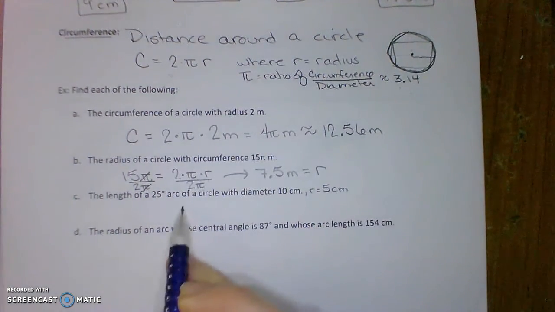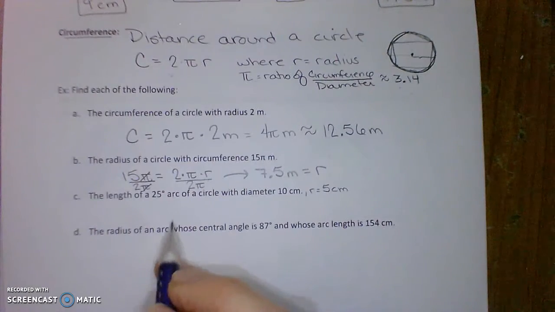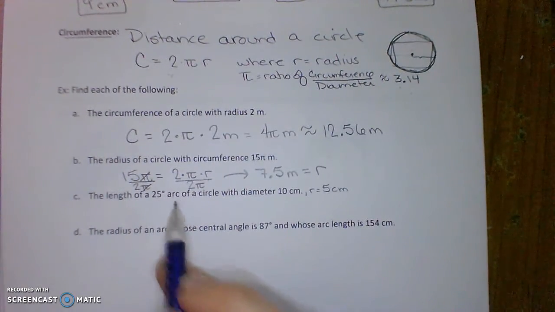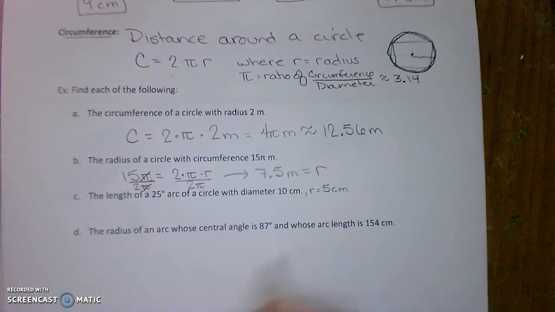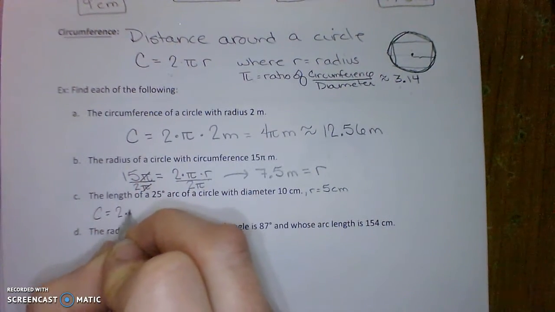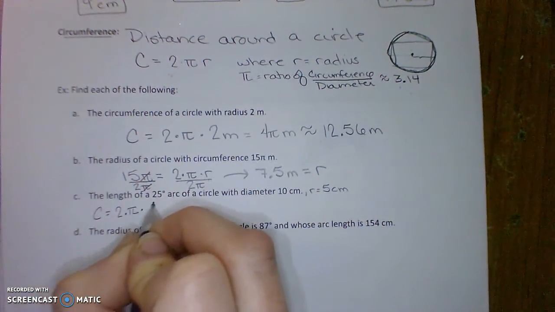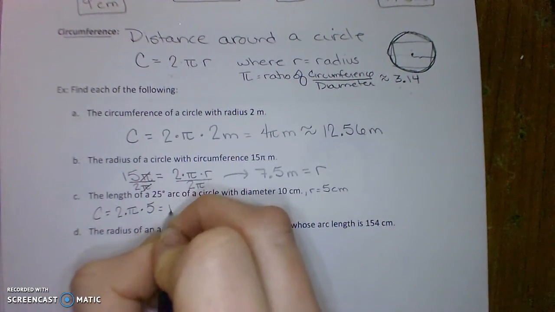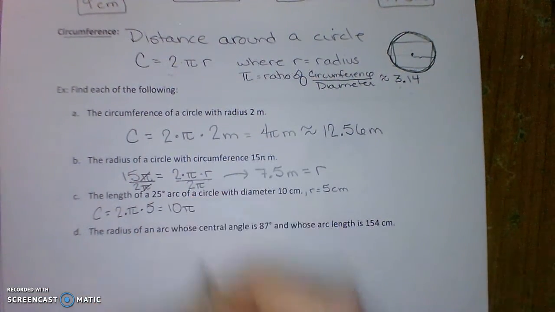First, I'm going to find the circumference of the circle, and then I'll think about the arc as being some fraction of the circumference. So the circumference will be 2 times pi times r, which is 5, or 10 pi.